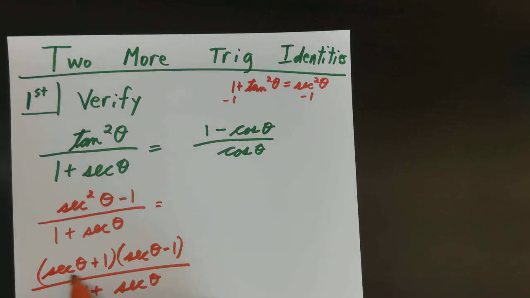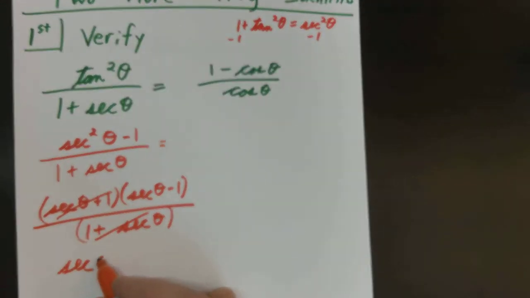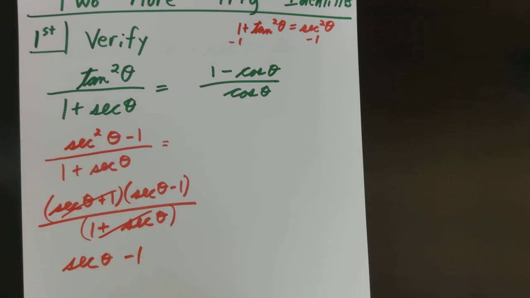And I think if you see, these two are the same. I can cancel these two out. And I've got secant of theta minus 1.